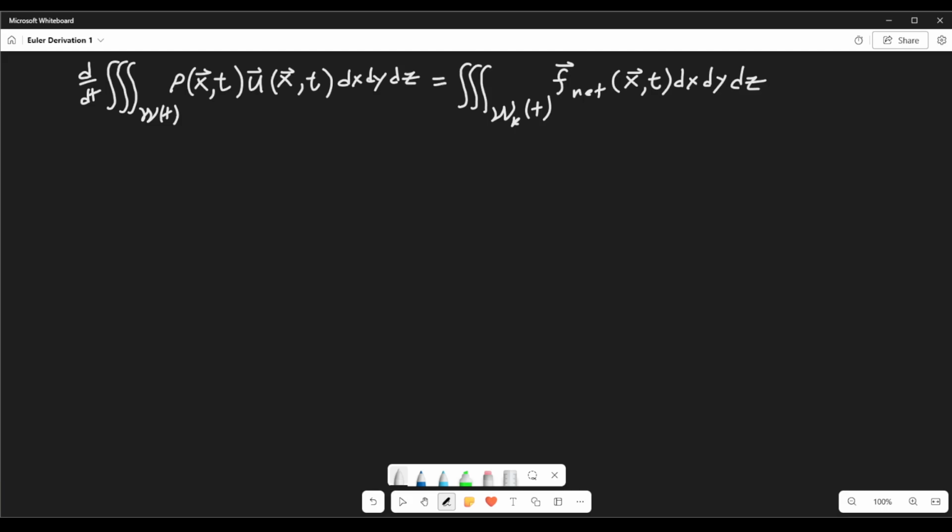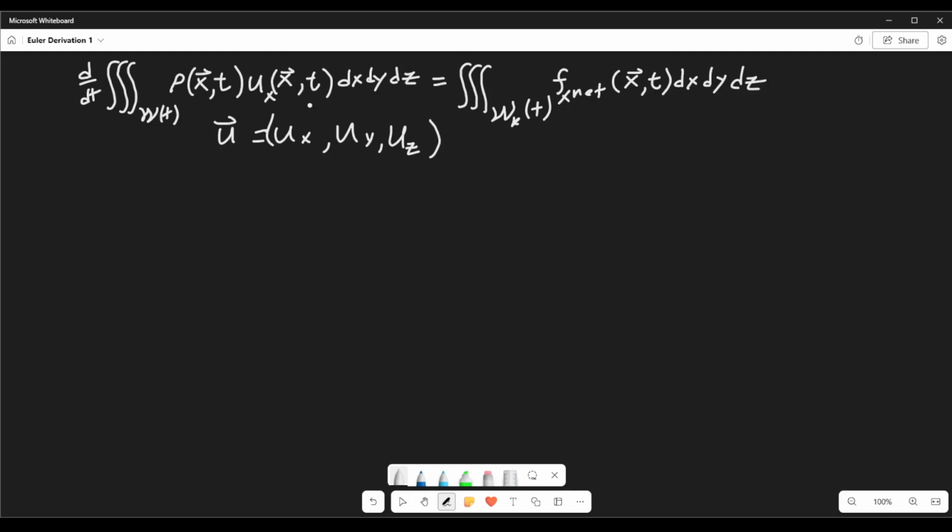This particular equation can also be broken down into components, using the fact that U equals Ux, Uy, Uz, and of course likewise for the F vector. So breaking this down by components, this equation also implies that for each component, this equation also holds.